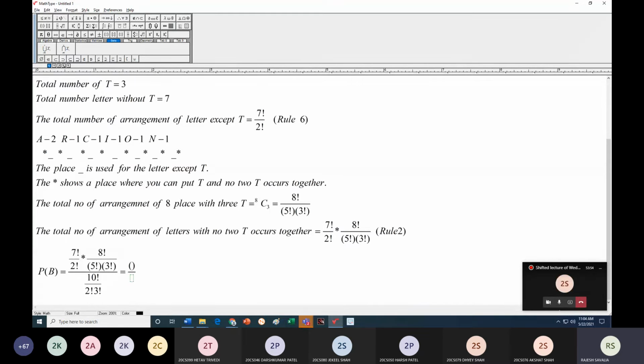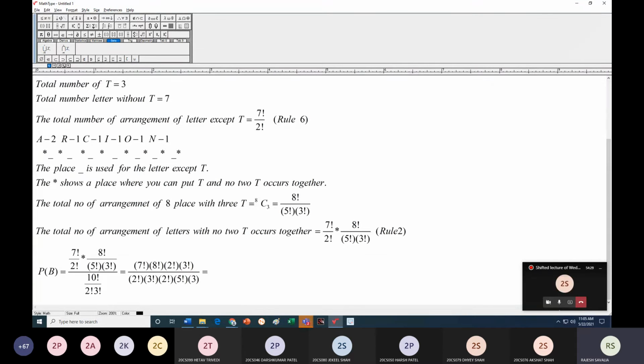In the numerator, 7 factorial, 8 factorial, and in the denominator 2 factorial, 3 factorial, again 2 factorial, 5 factorial, 3 factorial. Is it okay?